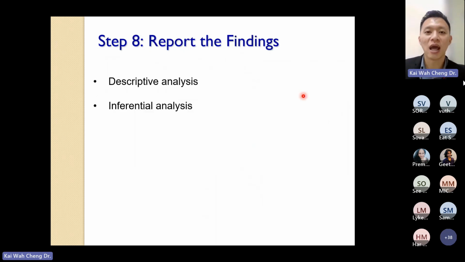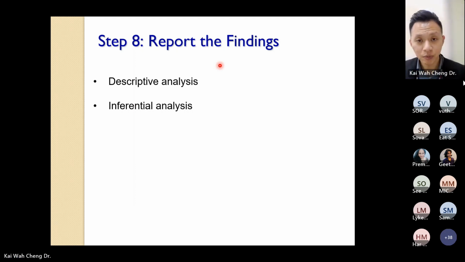These 3 software are the popular software in quantitative research. Finally, once you receive the research output, you should be able to report the data and explain the data in your dissertation or in your paper writing.